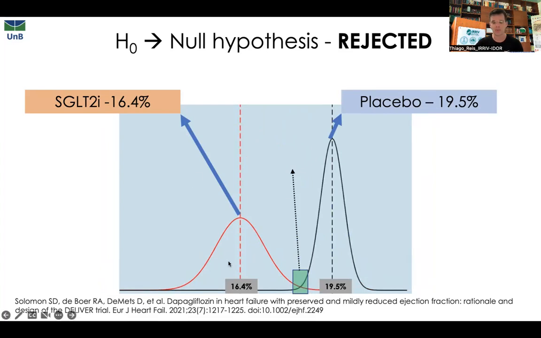So in this case, we can say that we refute the null hypothesis, and these are the true results of the trial that I will demonstrate afterward. The negative event occurred in 16% of patients in the SGLT2 group versus 19% in the placebo group. So if the overlap in the results is less than 0.05 or 5%, we claim that the null hypothesis is rejected.